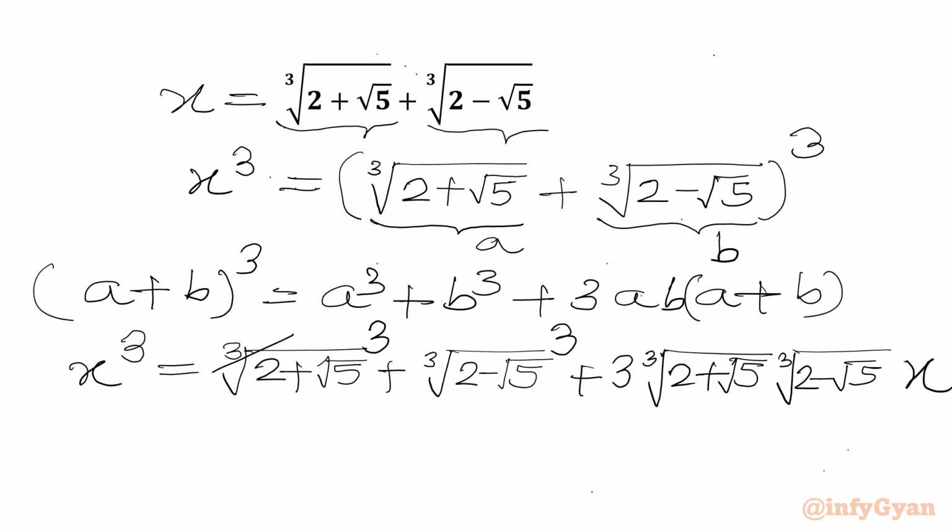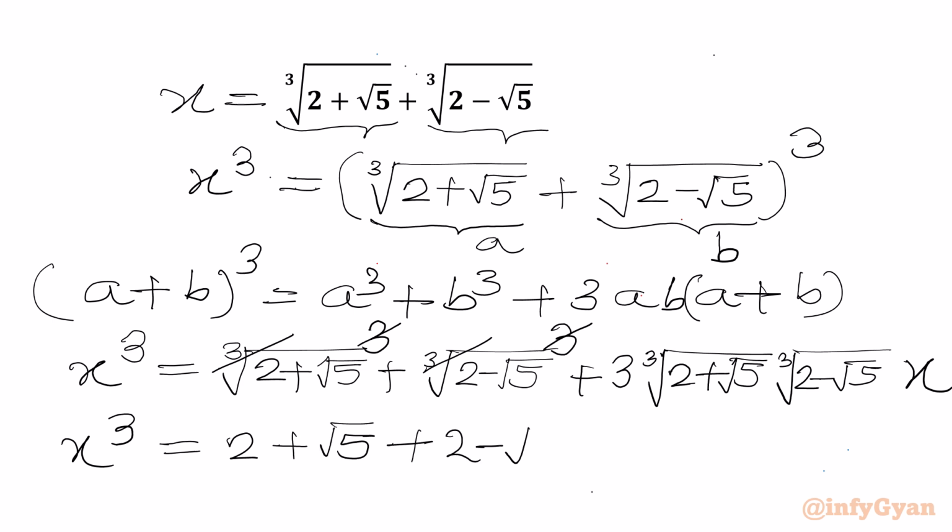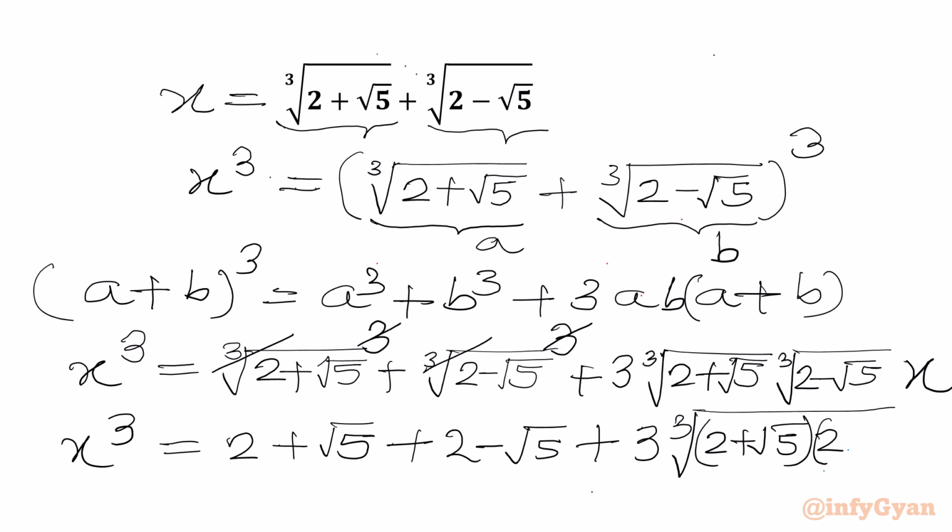Now we can cancel cube root and cube. So we can write x cube equal to 2 plus square root 5 plus 2 minus square root 5 plus 3 times cube root of 2 plus root 5 times 2 minus root 5 times x.